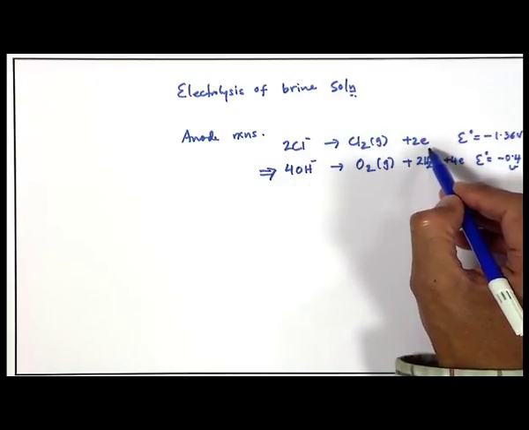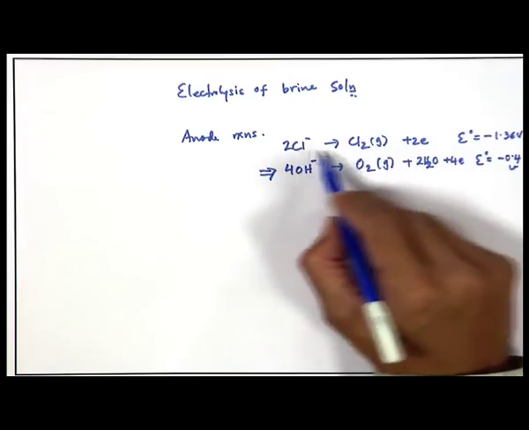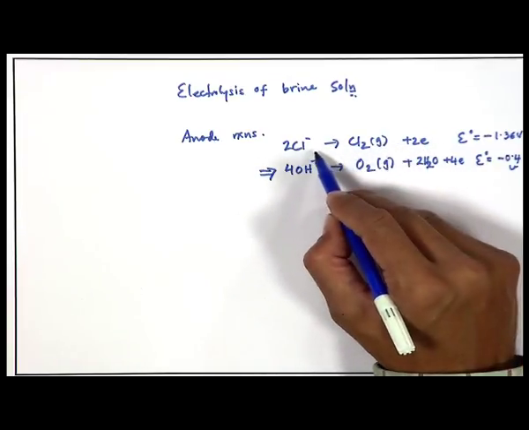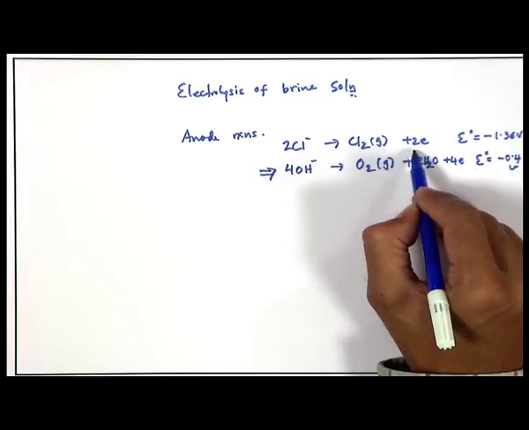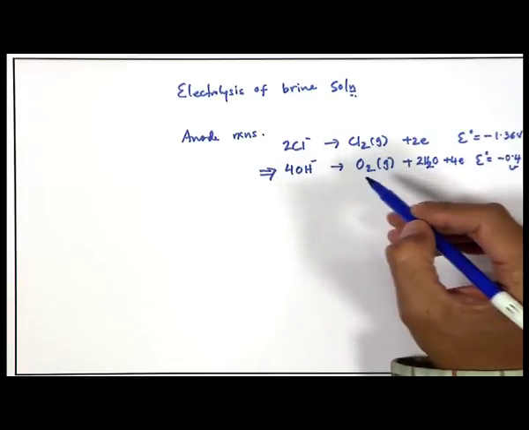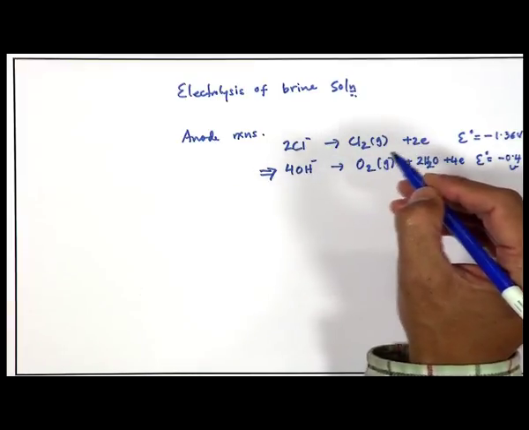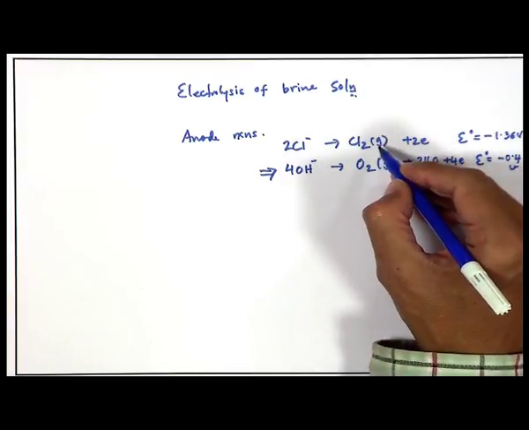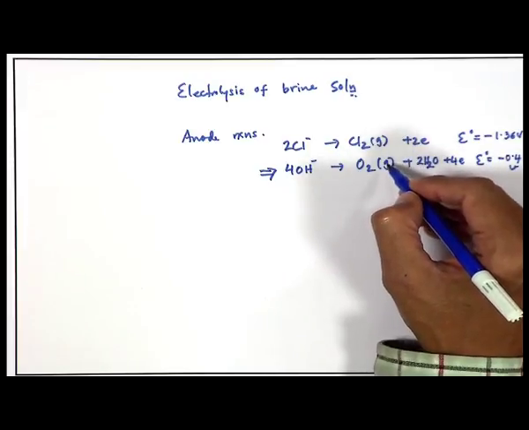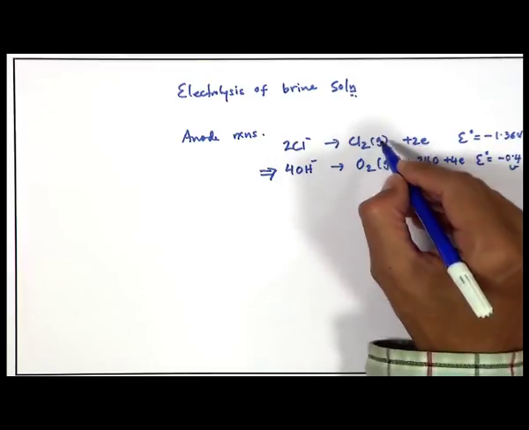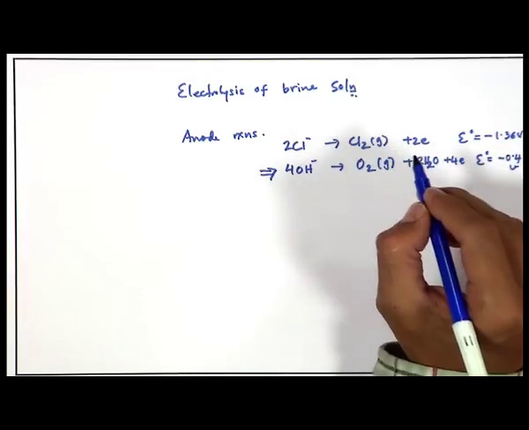So, therefore, this reaction will be prominent. Although this is thermodynamically favored, kinetically this is slow, therefore, kinetics will take over thermodynamics. So, as a kinetically controlled product, this one will be obtained. So, this reaction will take place.